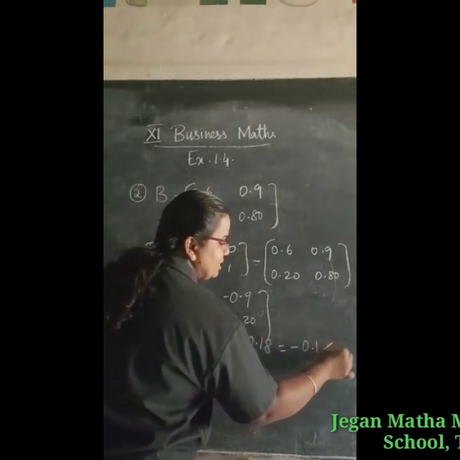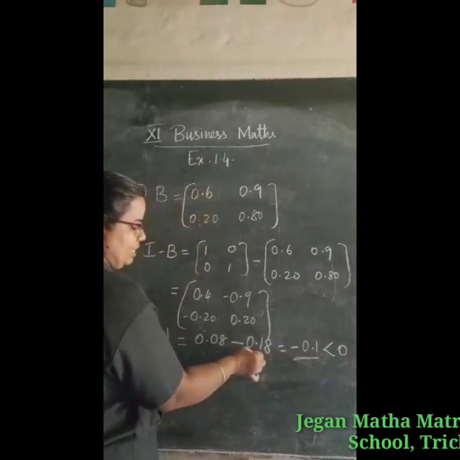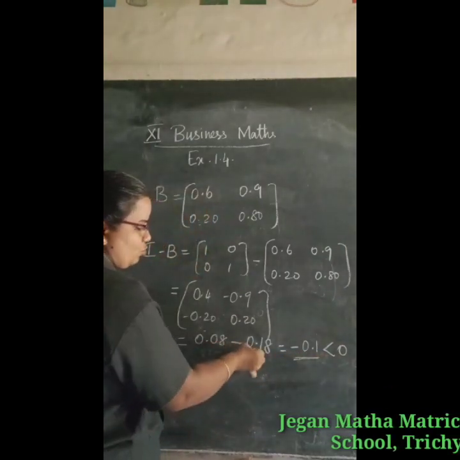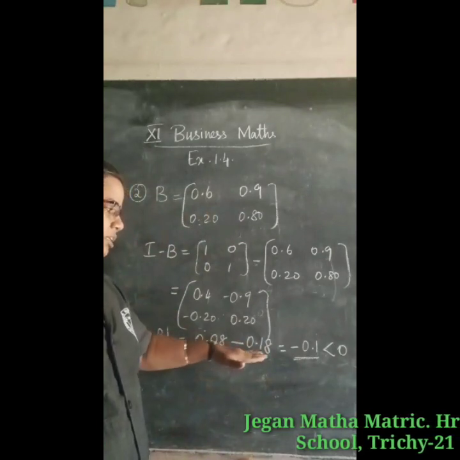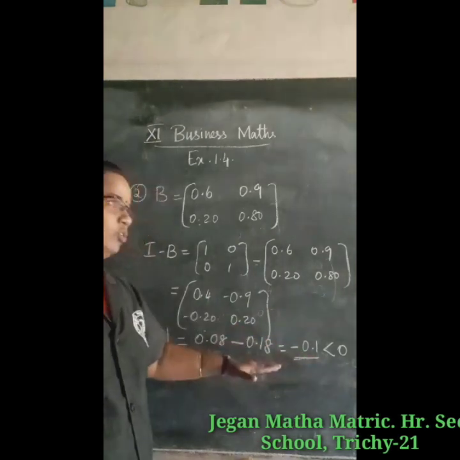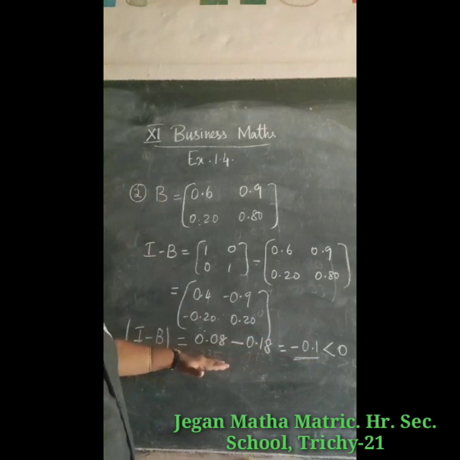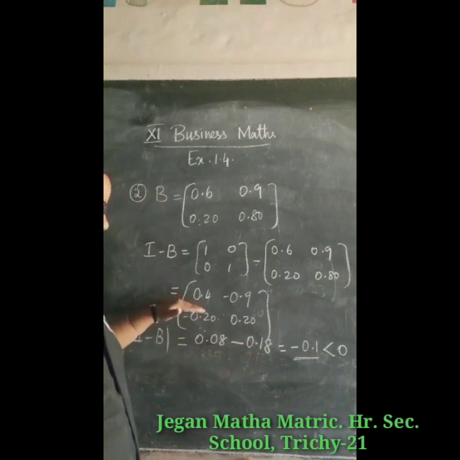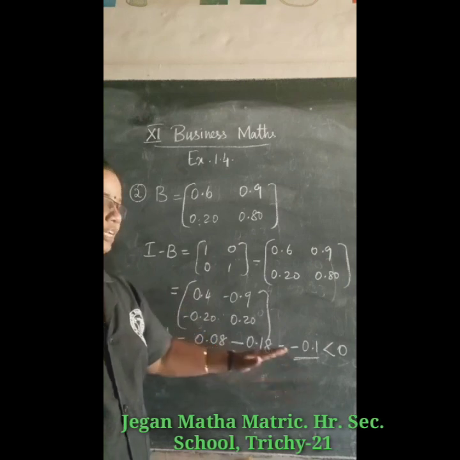That is less than 0 because this is negative. Which one is greater? This one is greater, so subtract these two numbers and put the sign accordingly. So minus 0.1 is less than 0. So it does not satisfy the Hawkins-Simon condition, because the first condition is satisfied but the second condition is not.